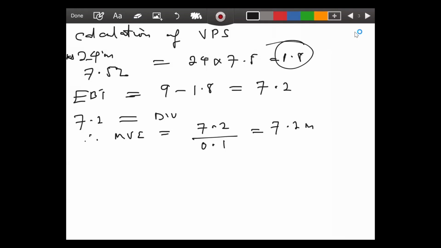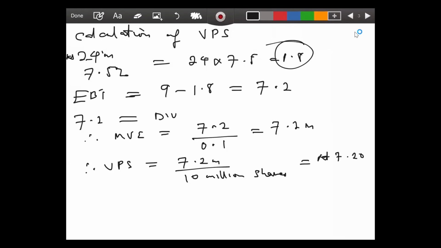7.2 million. So if the company remains all equity financed, the number of shares that the company will have will still be 10 million shares. Therefore, the value per share will be equal to 7.2 million all over 10 million shares, which will be equal to 7 naira 20 kobo.